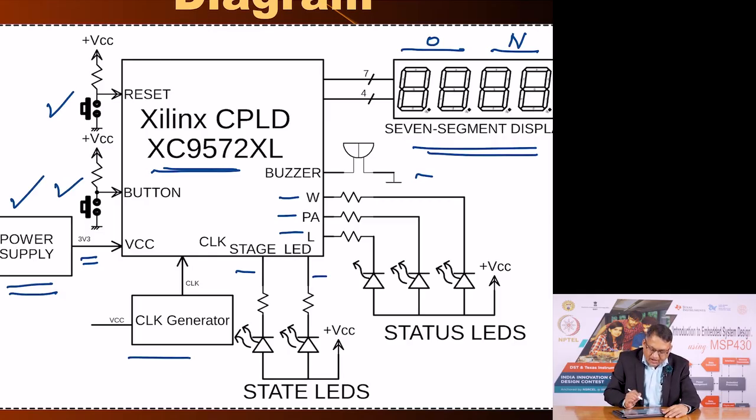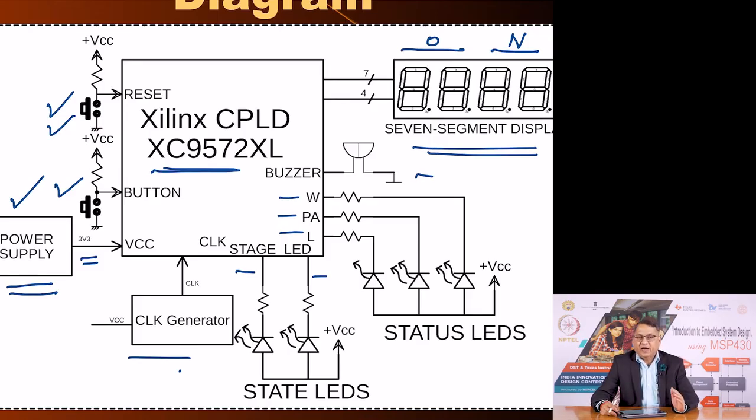In this case the clock was implemented using a 555 astable multivibrator, because the requirement was not for very high frequency, otherwise we could have used other approaches. And of course it requires a reset. So, this is your reset switch. In this case there is only one reset, which is the user reset, and the power supply and the clock generator.